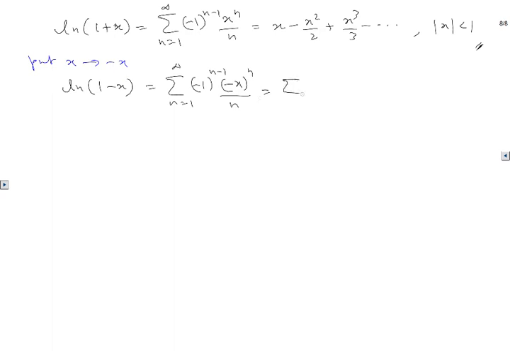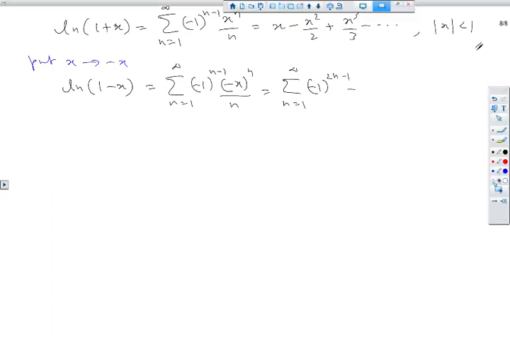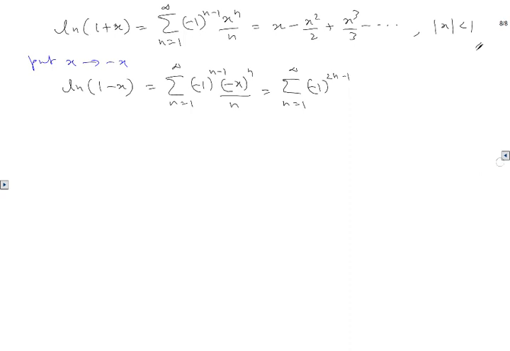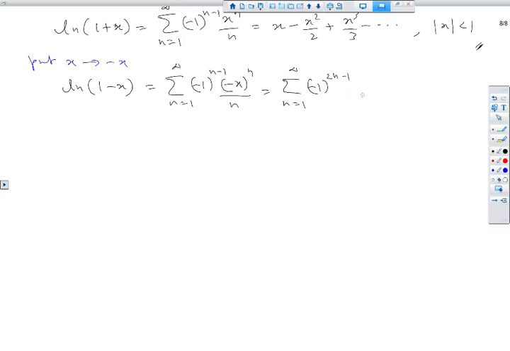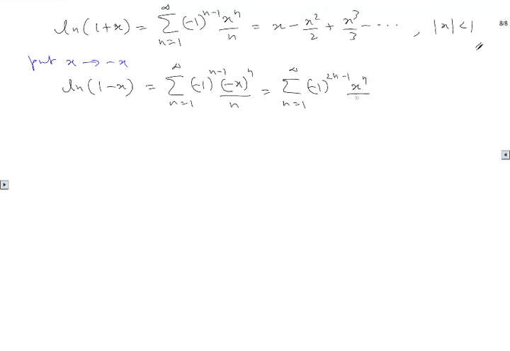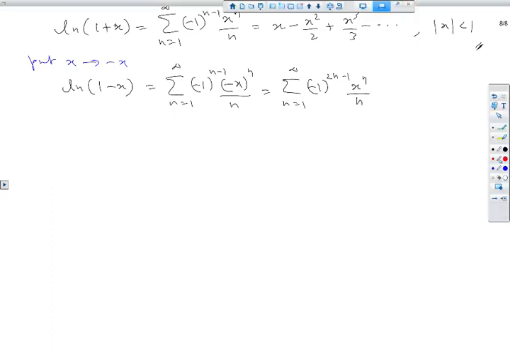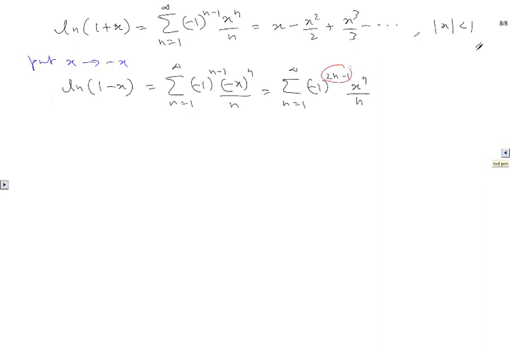Let's see how it simplifies. Negative 1, you're going to get the power 2n minus 1, and then this is just x to the n over n because you took the negative sign out. But (negative 1) to the 2n minus 1, you see that this number is odd, so this is always equal to negative 1. So you can pull it out.